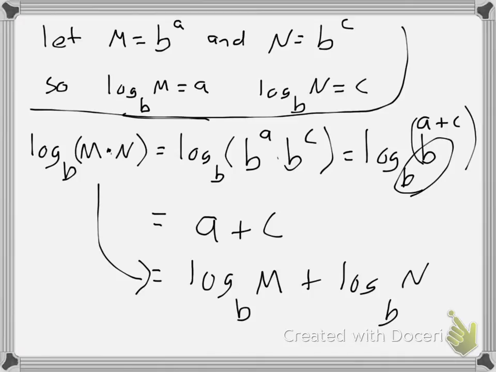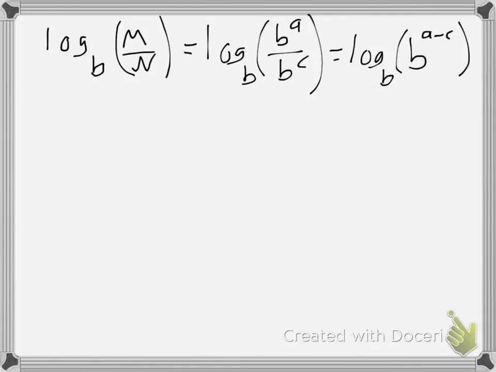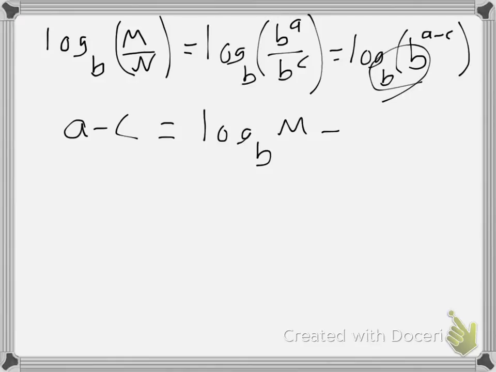So we did the first one, now we're on to the second one. And now, since you got your b's the same, therefore you end up with a minus c, and a was just log base b of m, and c is log base b of n. And just m minus n? Oh, no, I got it now.